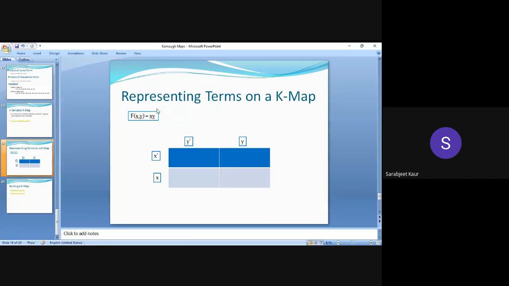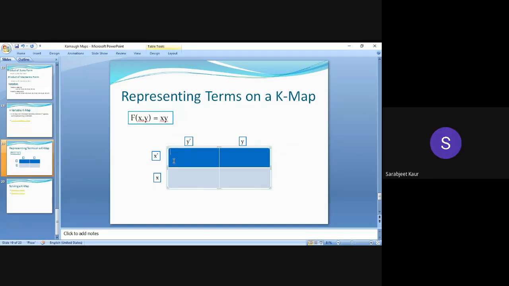So please see. Suppose I had to represent this expression in the K-map, how to do it. As we had seen earlier, this is 0, 0. When we are talking about SOP form, this is 0, 0, x dash y dash. You remember all this or not?